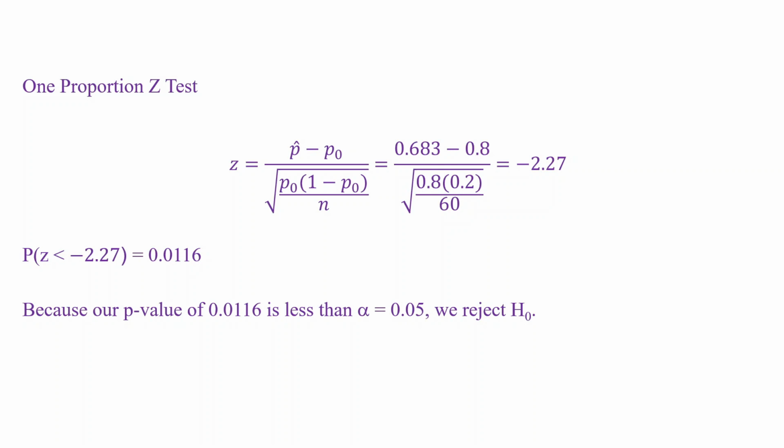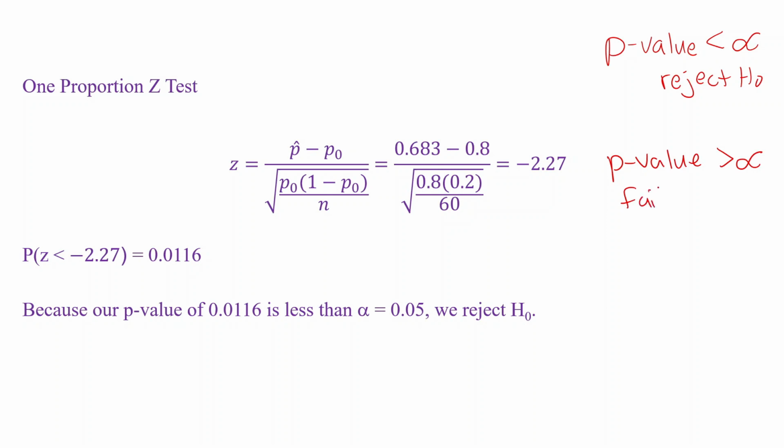Okay. So remember when your p-value is less than alpha, you reject. That is your conclusion. When your p-value is higher than alpha, you fail to reject. Okay. Those are your two conclusions. It won't be equal to alpha.